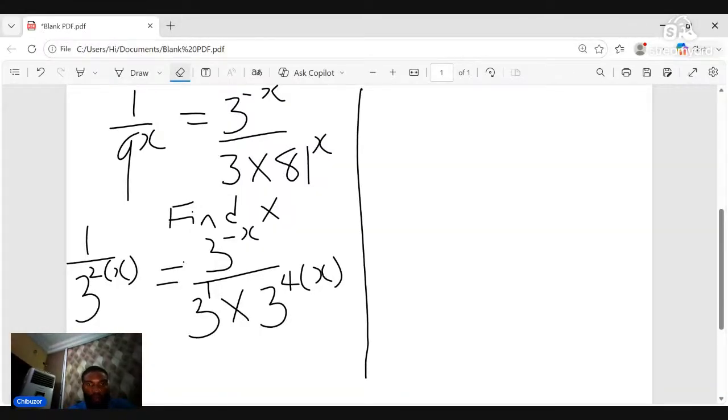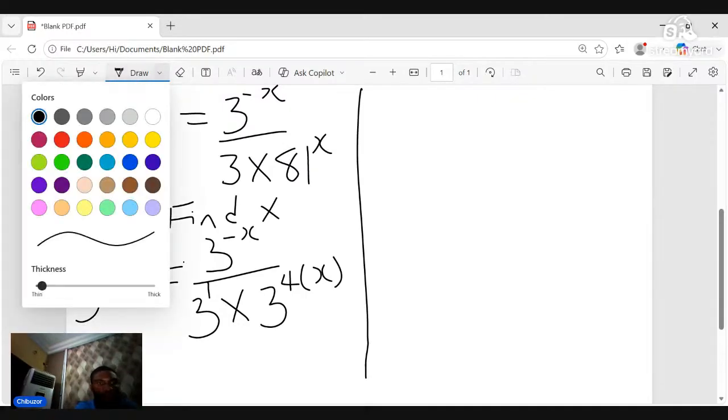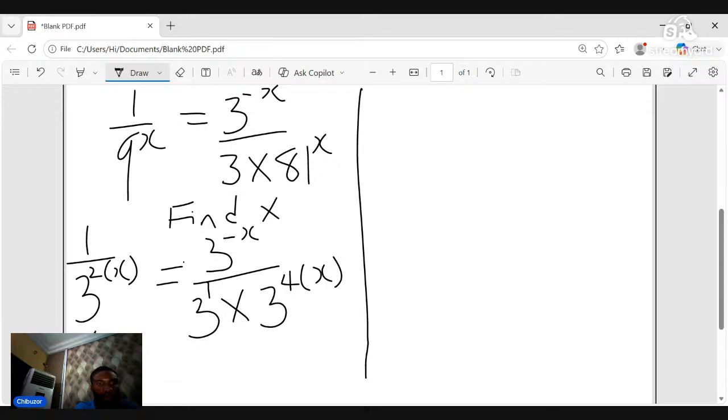Okay, good. So we open up the brackets. We say 1 over 3 raised to power 2x. That's 2 times x will give us 2x.